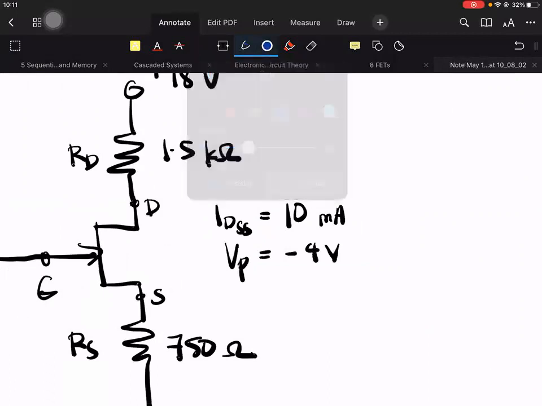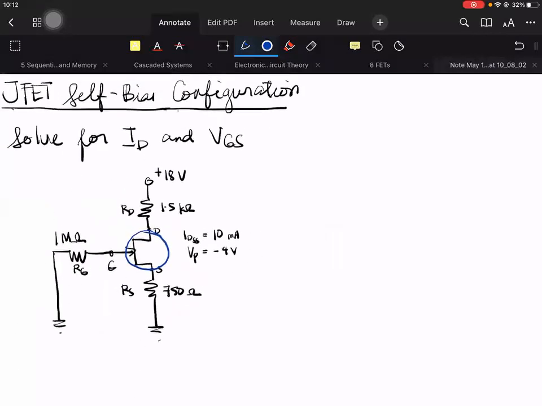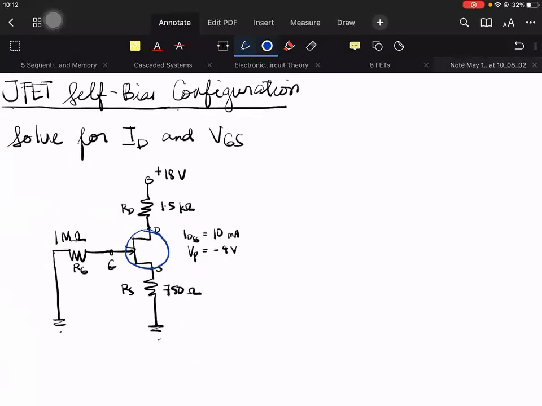So first, the given values, guys: IDSS and VP. Okay. So this is our self-bias circuit of a JFET amplifier.